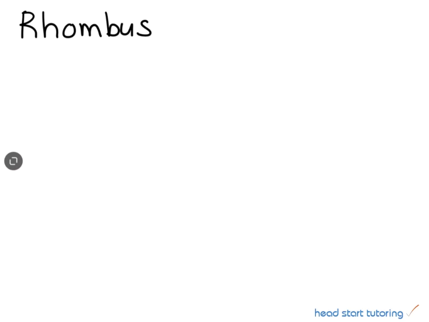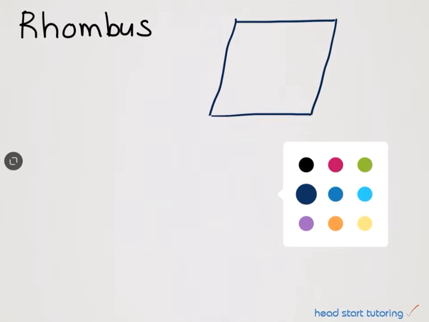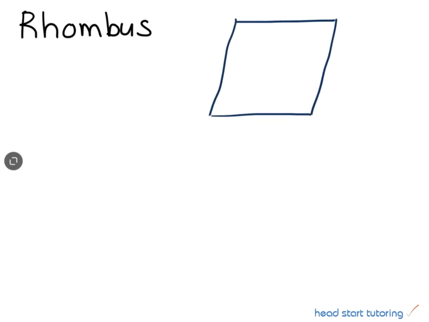Right, we are going to be having a look at a rhombus. A rhombus is a bit like a skew square. So let's just try and neaten that up a bit. Right, so our skew square or our slanted square is called a rhombus.